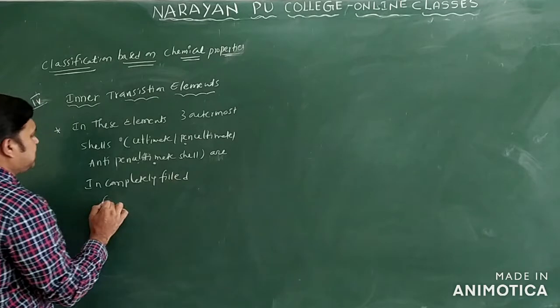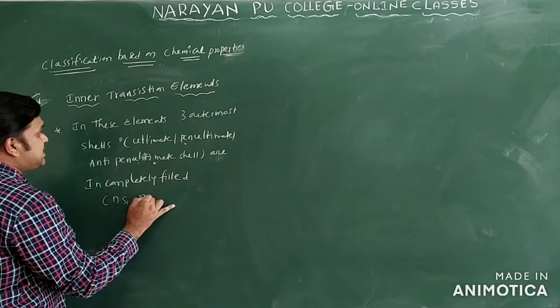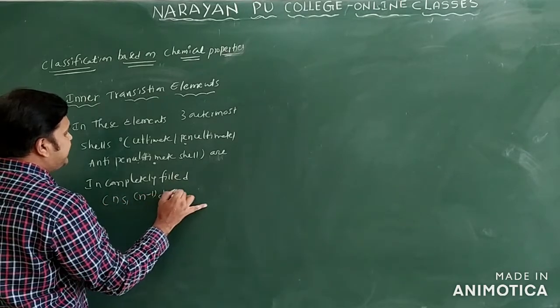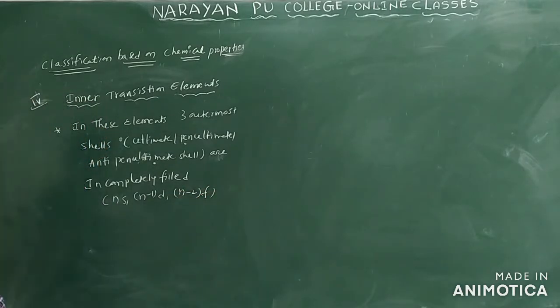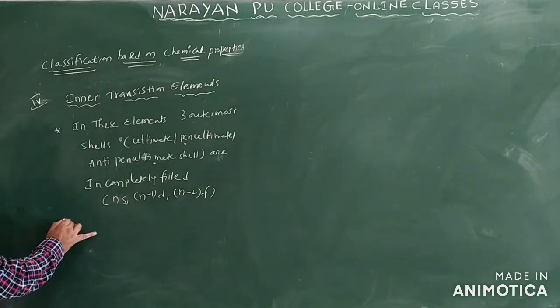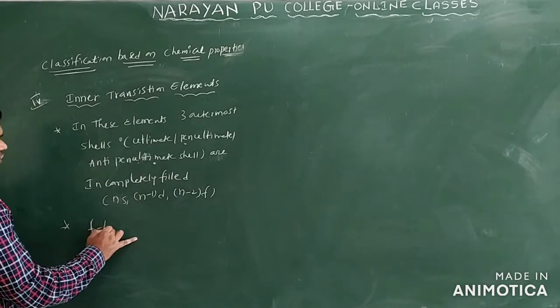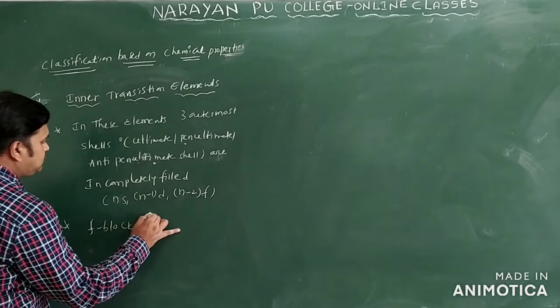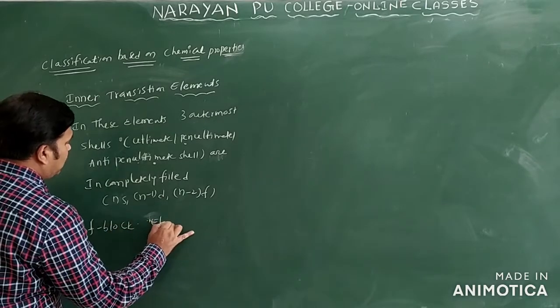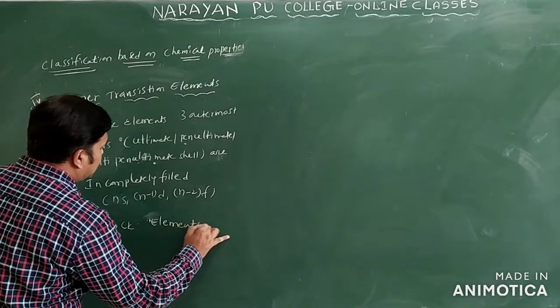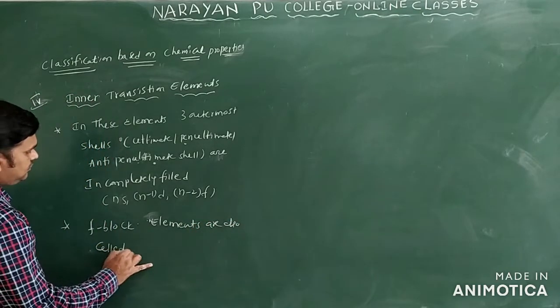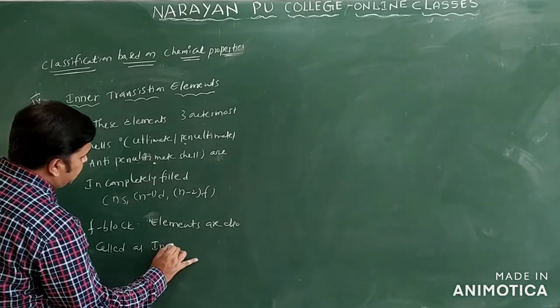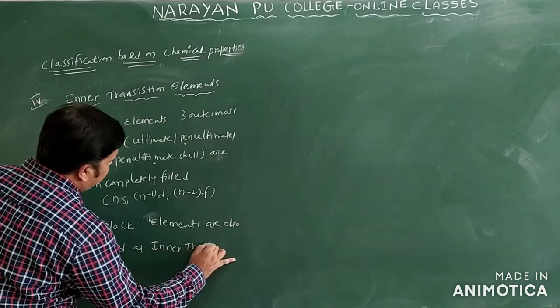What are the subshells? ns is there and (n-1)d is there, and one more, (n-2)f is also there. So what is the other name of f block elements? F block elements are also called inner transition elements.